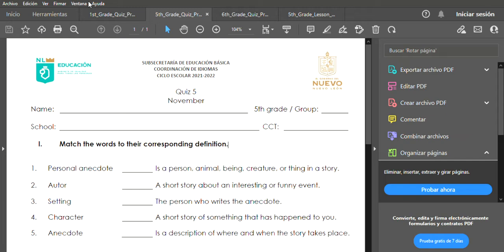If you have something that you haven't sent, you can send it to me, and this week I'm going to check everything that isn't checked yet. And let's start with the quiz.